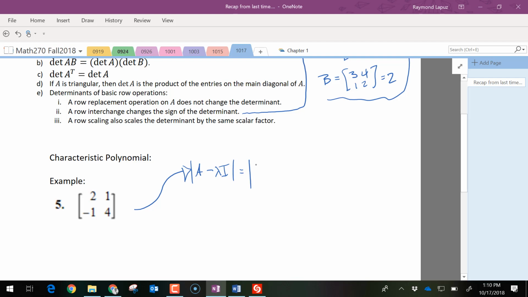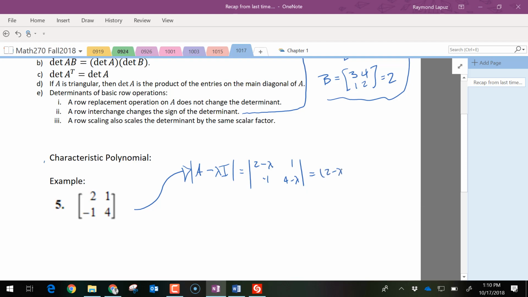And so your A minus lambda I would be the same thing as A, except for each element in the diagonal you would subtract lambda. And then for 2 by 2, it's easy enough to find the determinant. We would do the diagonals minus the wings.